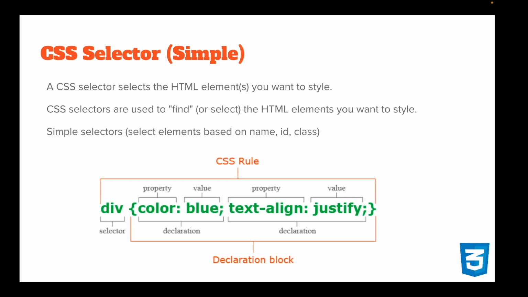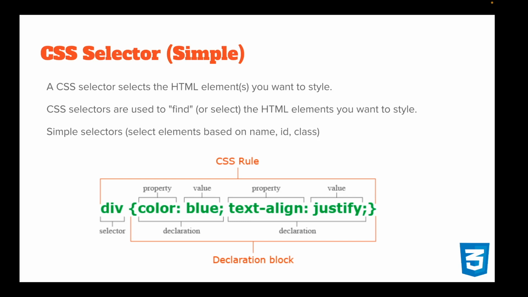These are just examples, meaning whatever you write there, you are targeting a particular element you want to style. In this simple selector class, there are three major ways you can target an element. You could target it by the name of the element, by the ID, or by the class. We're going to talk about these three things.